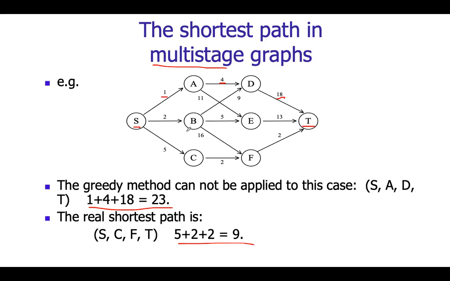Two types are there: the forward approach and the backward approach. Either method they will ask. Explain how to find the shortest path in a multi-stage graph using the forward approach or backward approach. Okay, that question you will get for sure in the exam. It's simple. One graph you have to draw, and those methods are also easy. Forward approach and backward approach.